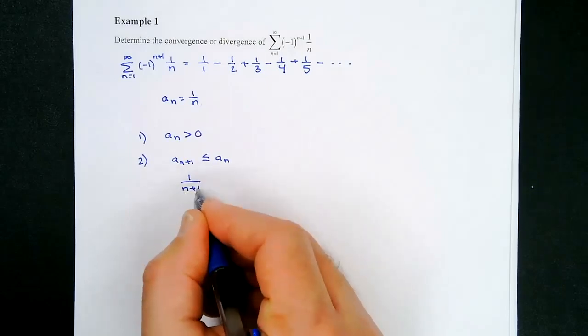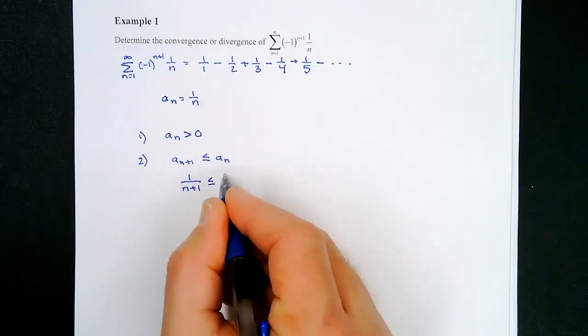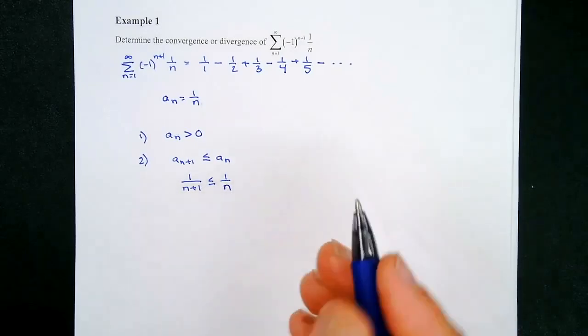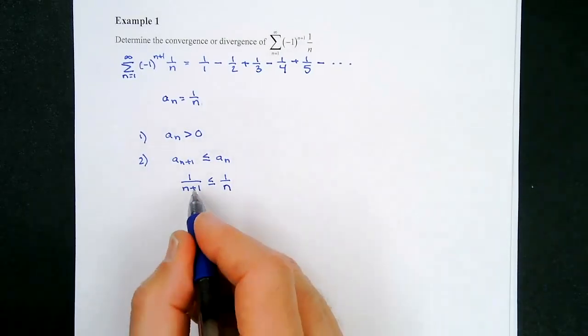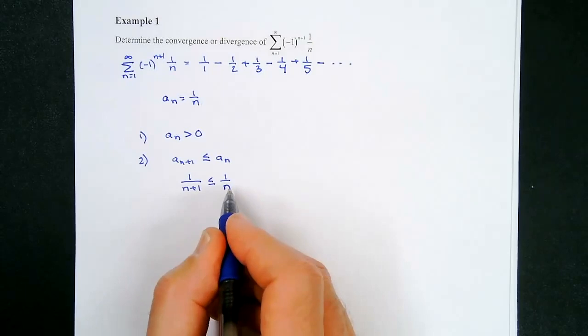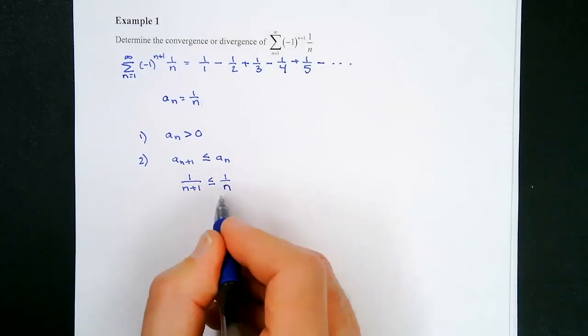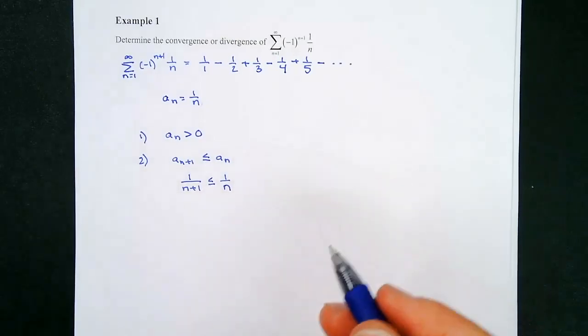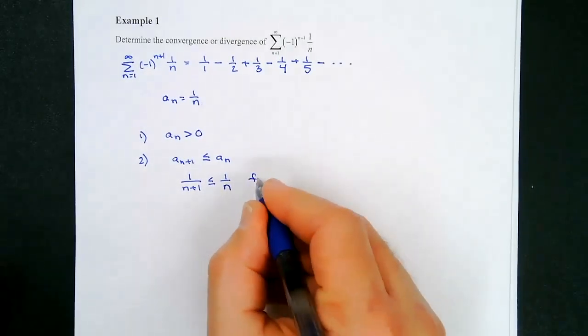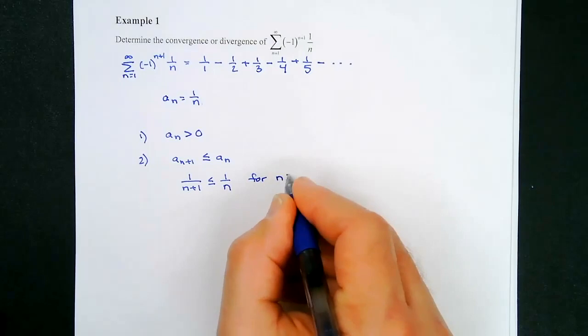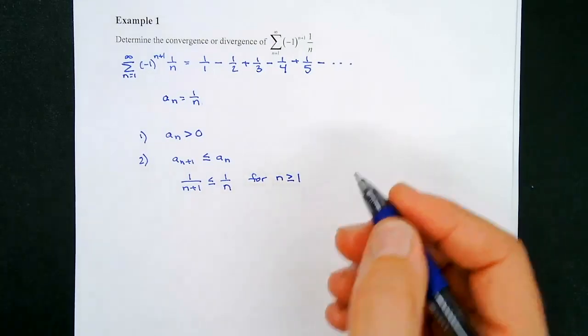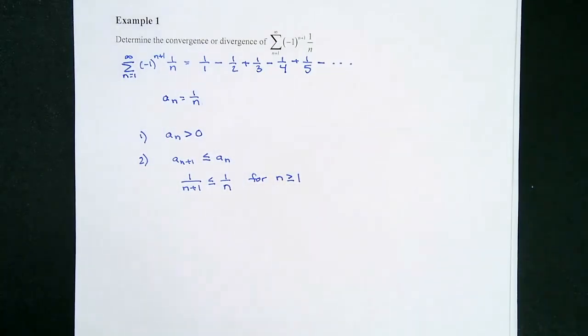So 1/n plus 1 is less than or equal to 1/n. So comparing these, okay, this denominator is going to be slightly larger than this denominator, causing this to always be smaller than this fraction. So that's true, right? And this is true for n greater than or equal to 1, okay? Which is what we have, right? We're starting n equals 1.